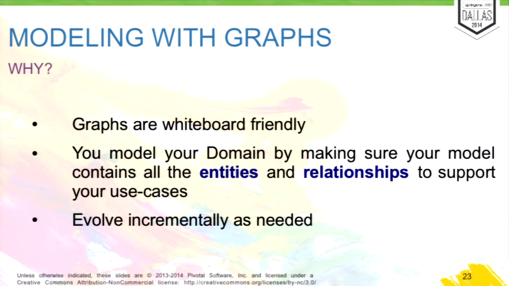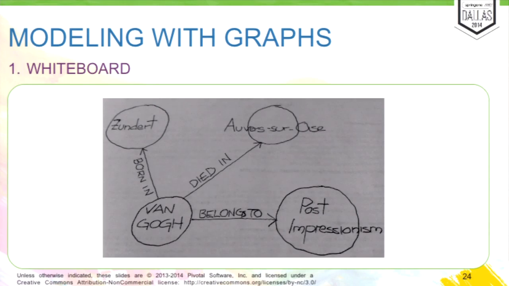Let me provide a short example. We can sketch on the whiteboard the concept that Vincent van Gogh was born in Zundert, a city in the Netherlands, and died in Auvers-sur-Oise. And van Gogh belongs to the art movement called post-impressionism.